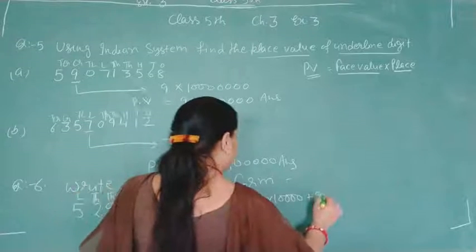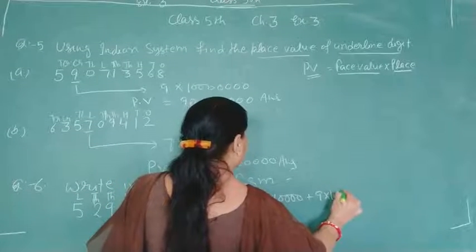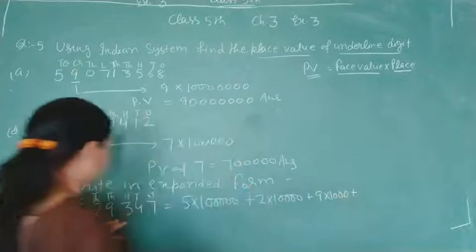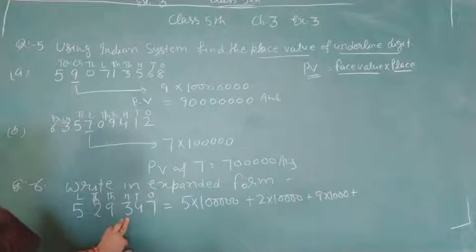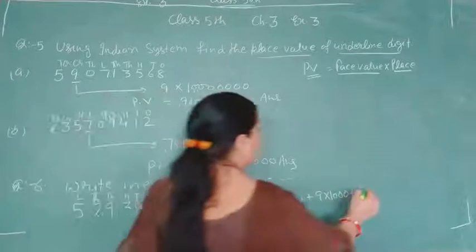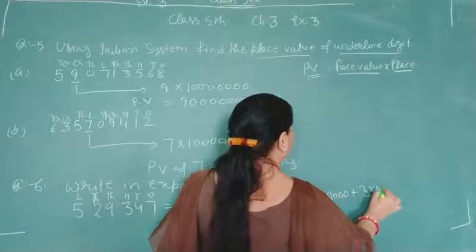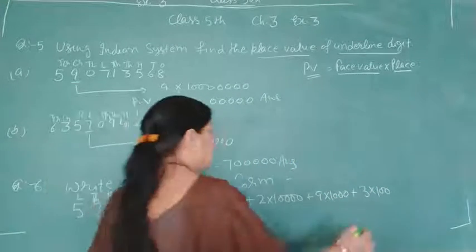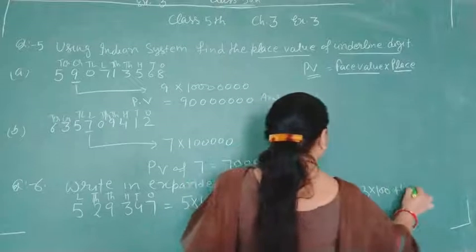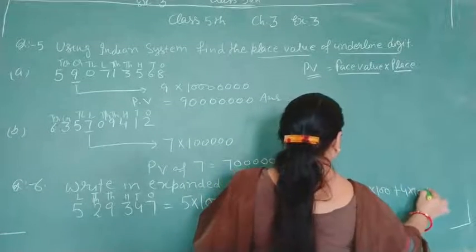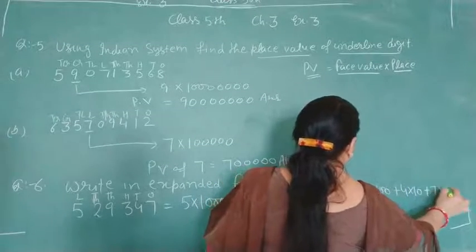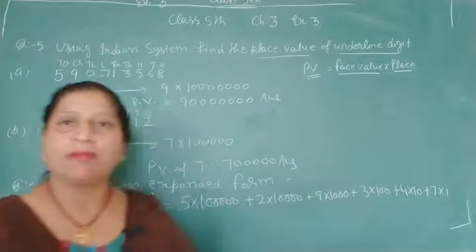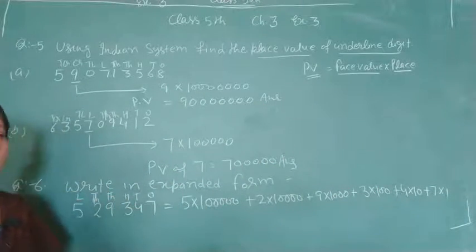So we multiply this number by 1,000, and after doing this we see the next number. Next number is 3 and it is at the place of 100. So we multiply this number by 100. After that 4 is at the place of 10. So we multiply by 10, and 7 is at the place of 1s. So we multiply this number by 1.